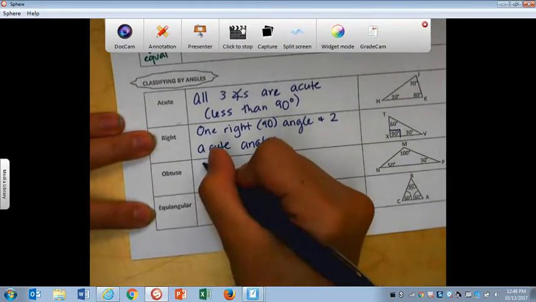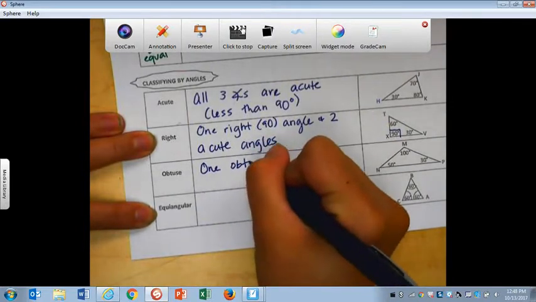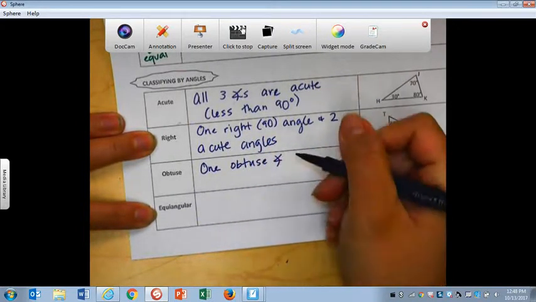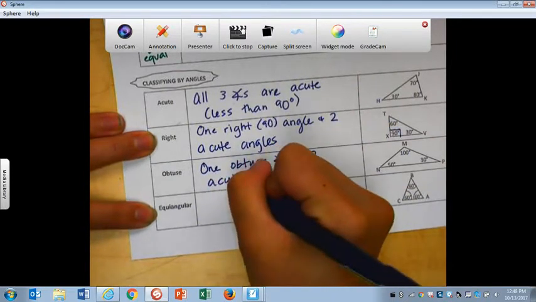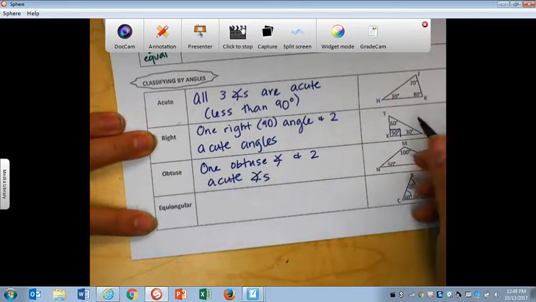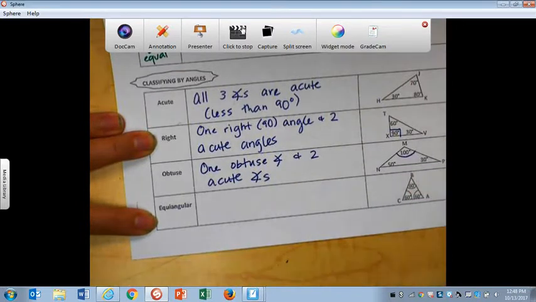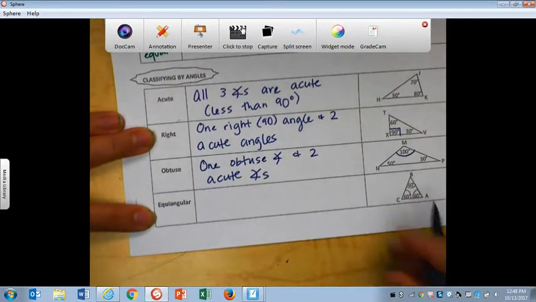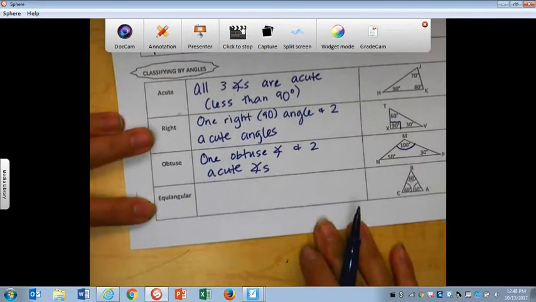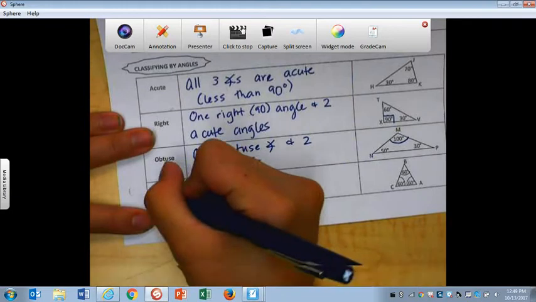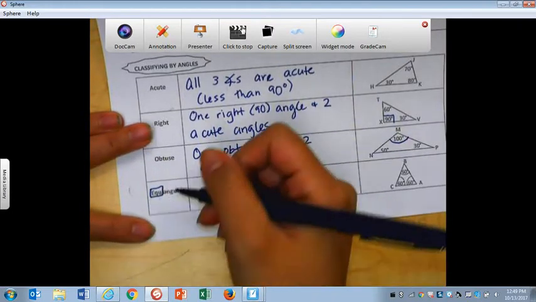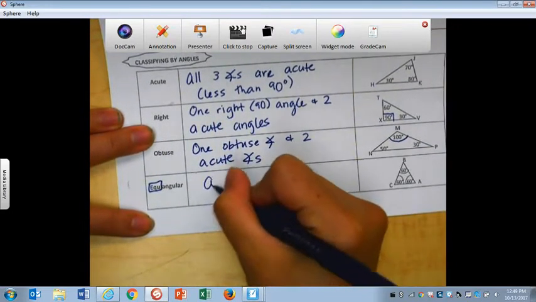Obtuse, you have one obtuse angle, and two acute angles. So here is your obtuse angle, the 100, it's over 90, and then you have 50 and 30, and then you have your equiangular. So all angles are congruent here.